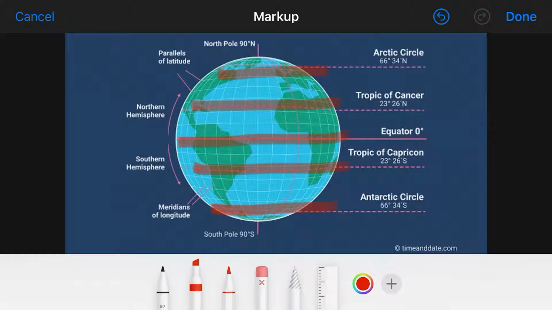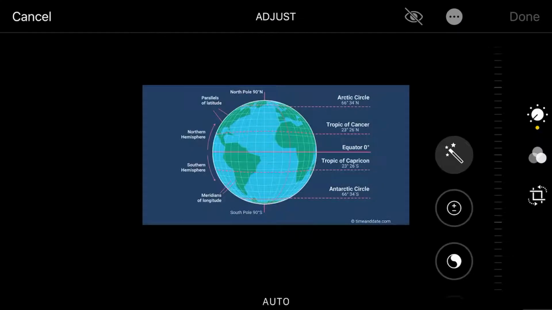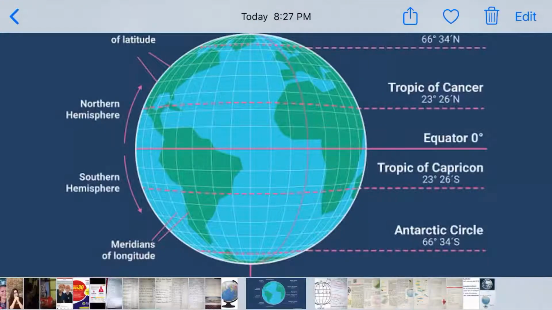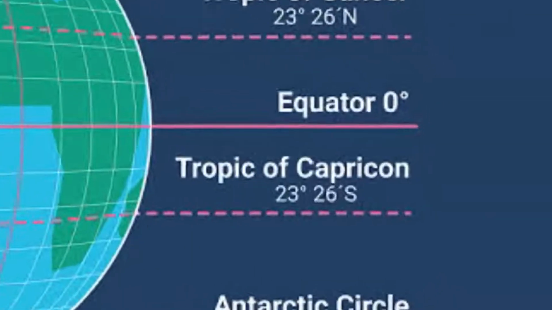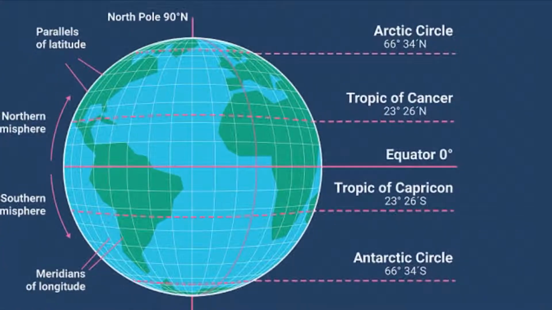The important latitude is the equator. You can see the name equator is given here. It divides the Earth into two parts or two halves. These two parts are called hemispheres.